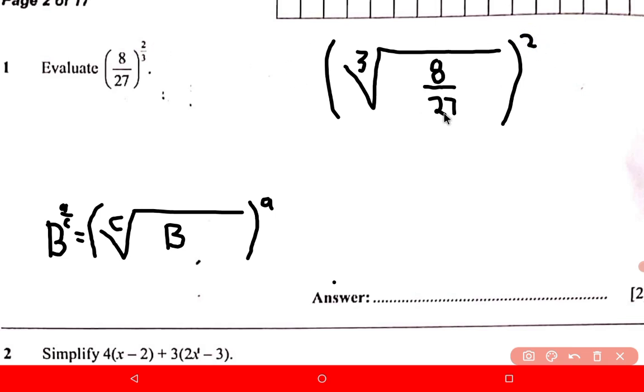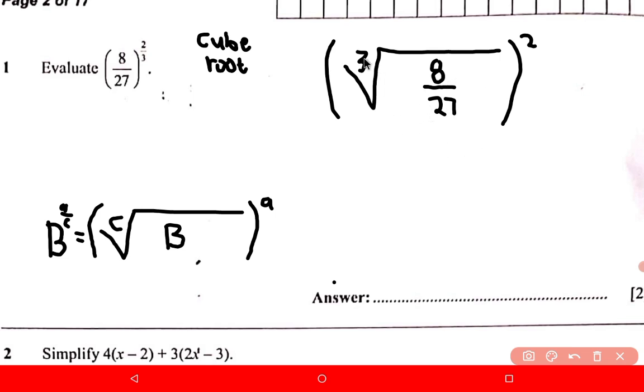Okay, so this one you can do straightforward. You find the cube root. So this 3 tells you that you are finding the cube root. So what is the cube root of anything? It is just a number that you multiply by itself 3 times to get this. So we can simplify this.